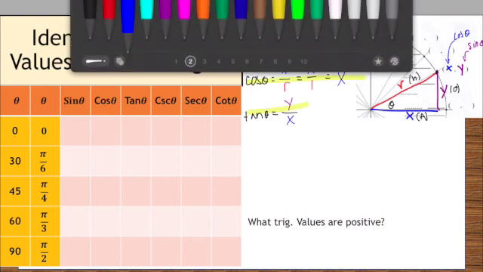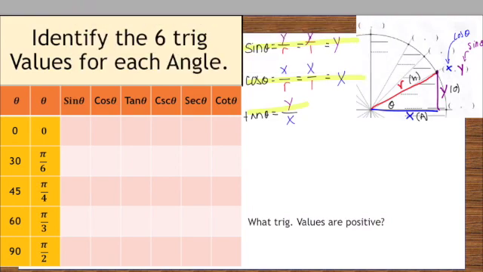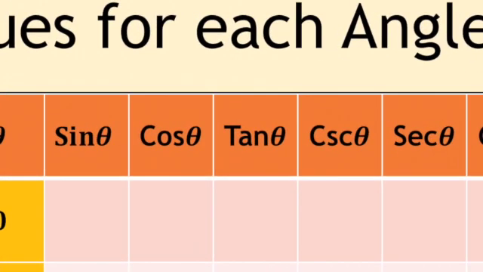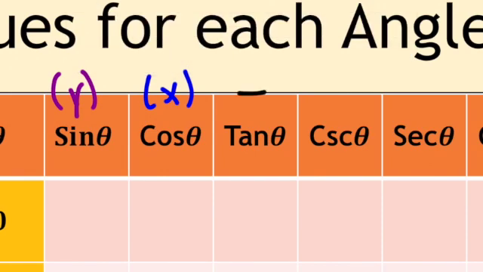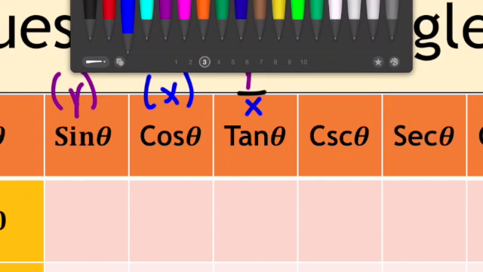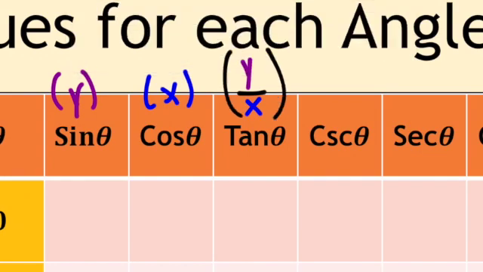My sine value is really just y. My cosine value is really just x. And the tangent is really just the y value divided by the x value. And let's circle this in black: y divided by x.